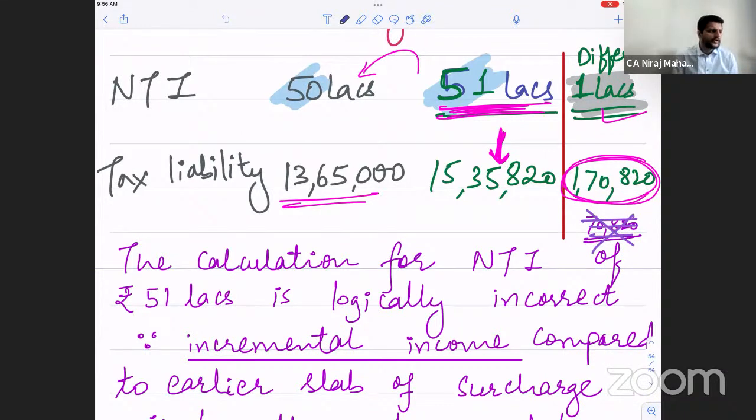You are in the 30% slab, and also in a surcharge of 10%, correct? So we take the calculator: 30 plus 10% of it, 33. Clear or no? And obviously plus 4% as cess. It comes to around 34.32. So 34.32% of 1 lakh.